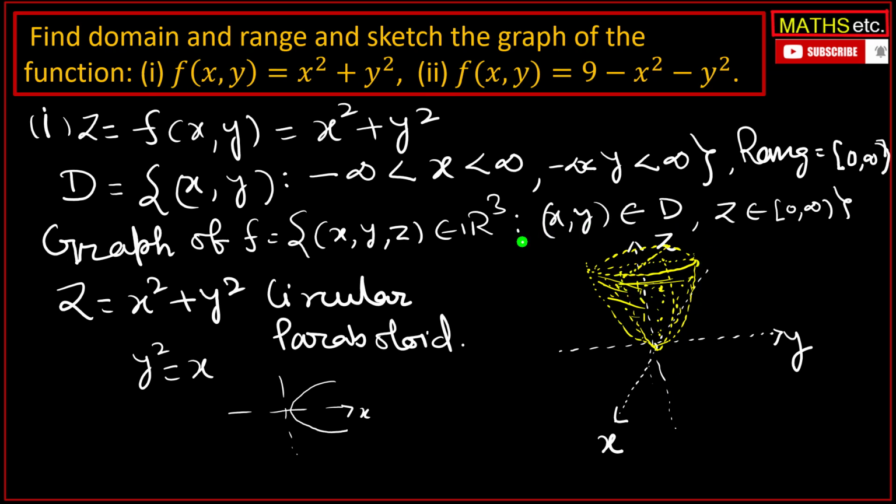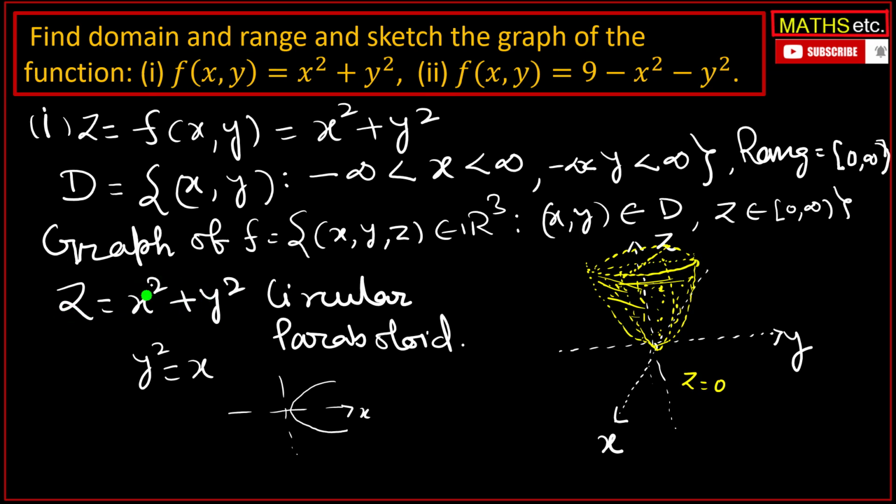Again, this is the curve of intersection of this paraboloid by a plane parallel to the xy plane. The xy plane's equation is z equals 0. So suppose there is some plane z equals k. This cut made by the plane gives us a circle, and that's why it is called a circular paraboloid.